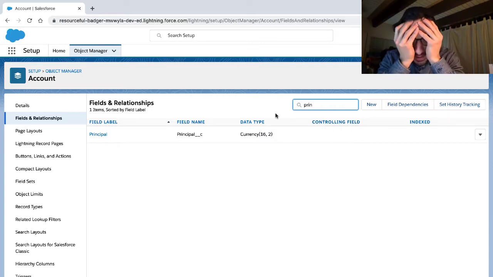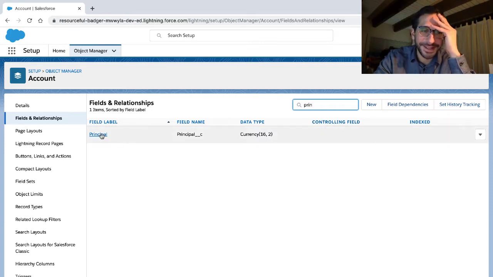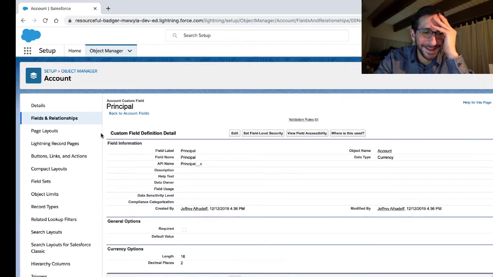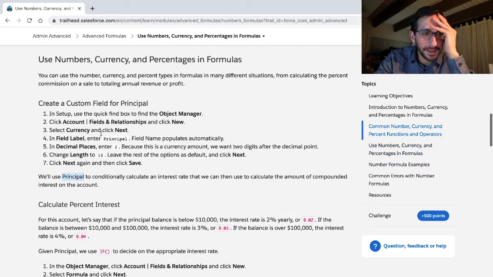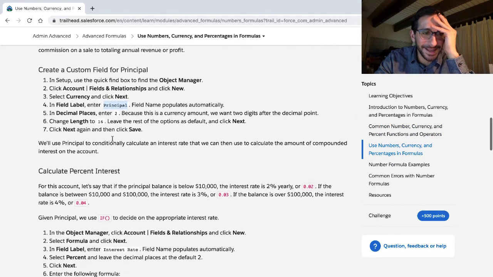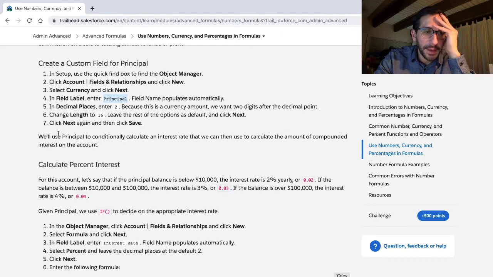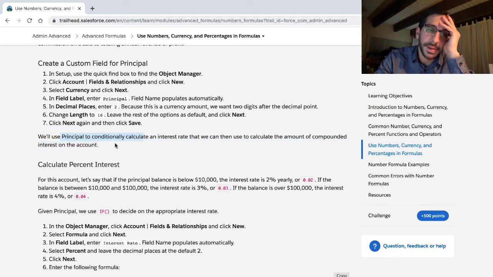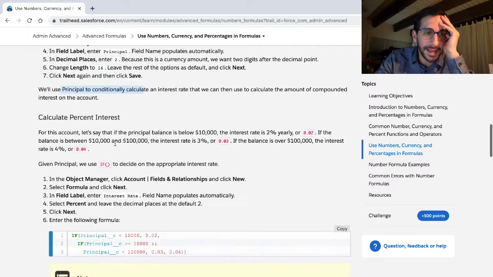God, I'm so dumb. That's the field I just created. Right? Enter principal. Word principal. Such an idiot. We'll use the principal field you just created to conditionally calculate interest. Just help me out a little bit. It's the end of the day. Just a little bit.